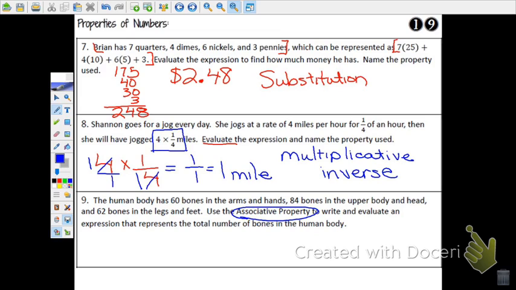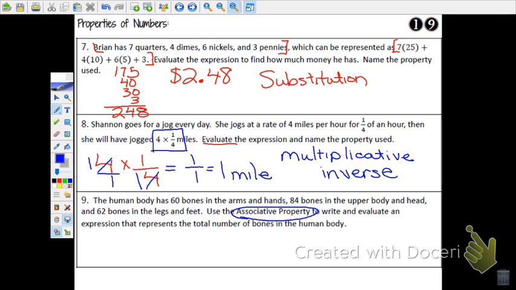What does the associative property do? The order stays the same, but the bubble changes. The parentheses, the grouping. Okay? Associative property says that when you are adding 3 or more things, the order that you add them in doesn't matter. So we can change how we group things in parentheses. It doesn't matter. Okay?